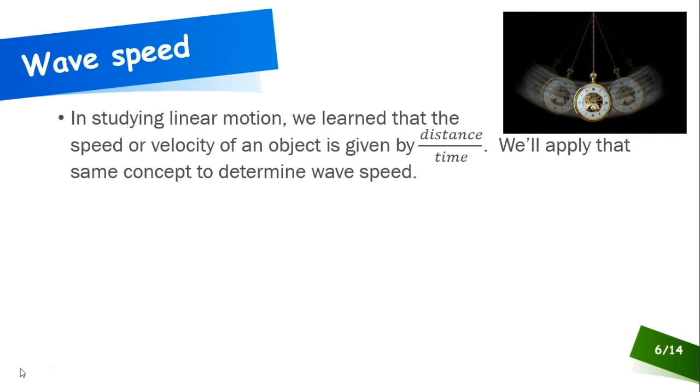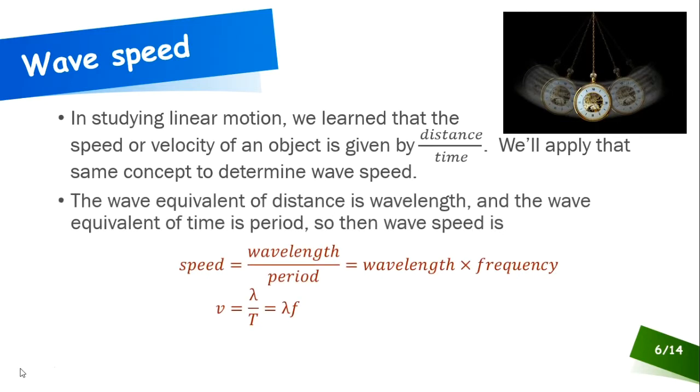Remember back when we were studying mechanics and we talked about the speed or velocity of an object as the distance divided by the time. Let's take that concept and apply it to wave motion so we can determine the wave speed. So the equivalent of distance for waves is wavelength, and the equivalent of time is the period. So speed is going to be wavelength divided by the period.